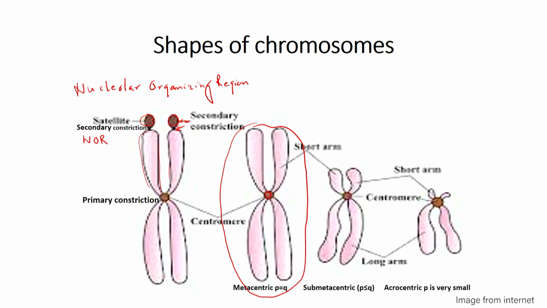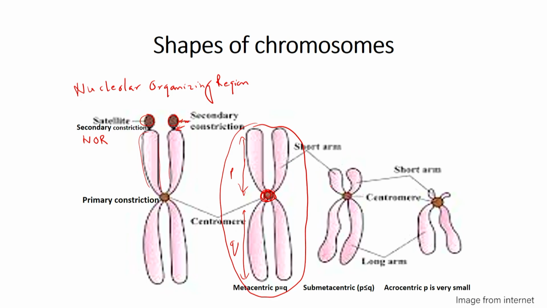Okay. Then the other things, this is a metacentric chromosome. Metacentric means the centromere is in the middle. One arm you call the P arm, the other arm you call the Q arm. So this is Q, this is P. If the P arm is equal to the Q arm, then you call it a metacentric chromosome.